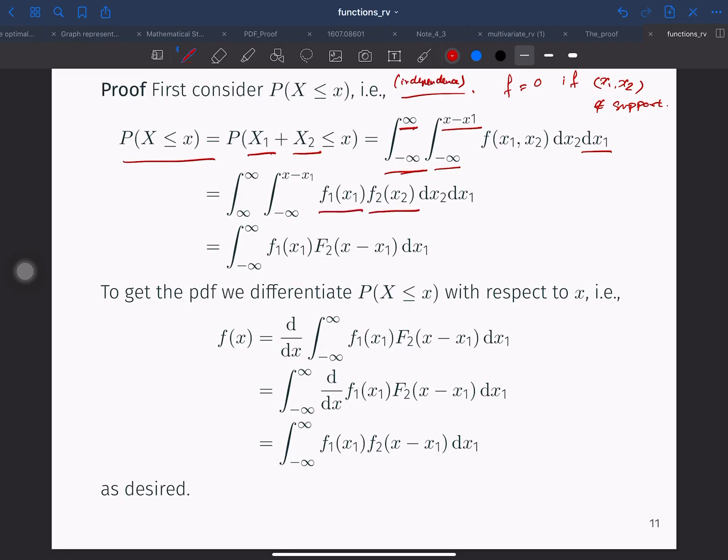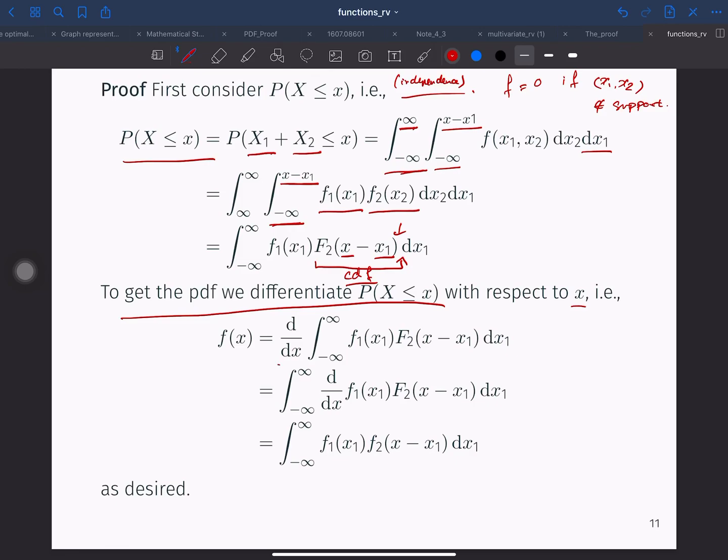And because x2 goes from negative infinity to x minus x1, that is the same as the CDF evaluated at x minus x1, so that becomes the marginal CDF. To get the PDF, we just differentiate the CDF for capital X with respect to little x.